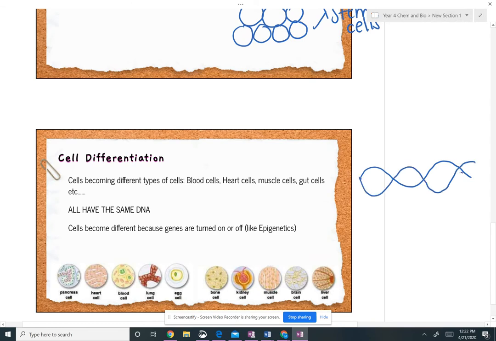And the DNA in our body is divided; as you know, a small section is a gene, and in your DNA you have a bunch of different genes. So say we have a gene here, and this is a heart cell gene, and then we have another gene over here that happens to be a muscle cell gene.